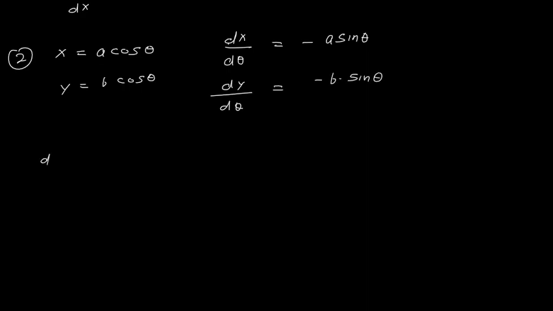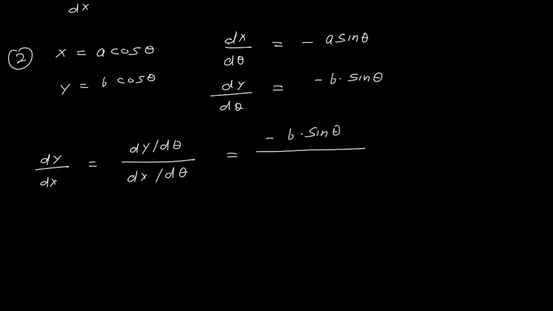So your dy upon dx is dy upon d theta whole divided by dx upon d theta. Now dy upon d theta is minus b into sin theta, and this dx upon d theta is minus a into sin theta. So this sin theta we cancel, this minus minus we cancel, and the result is b upon a. So dy upon dx is b upon a. This is second question.